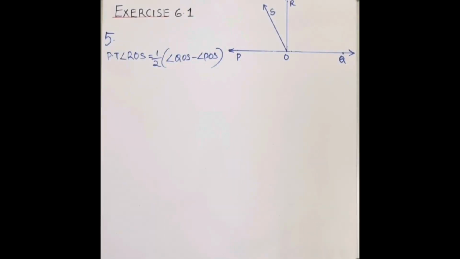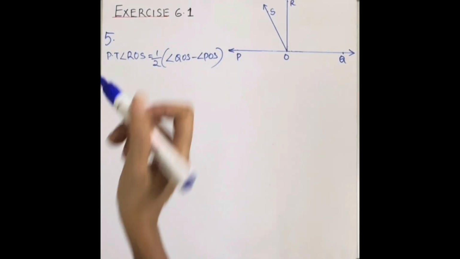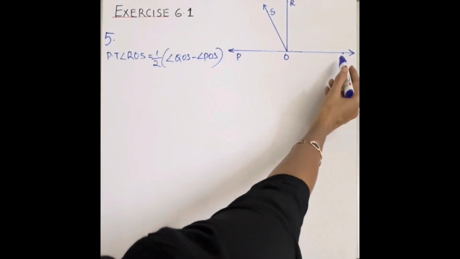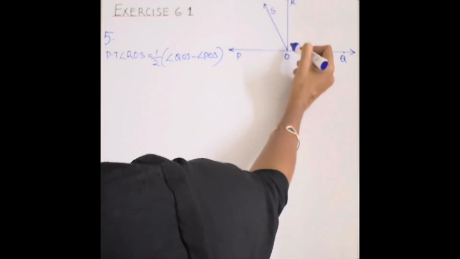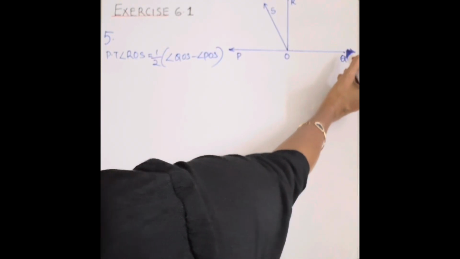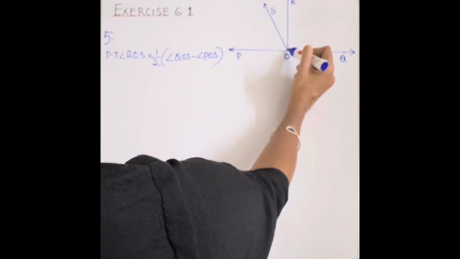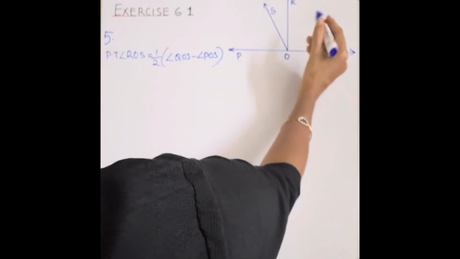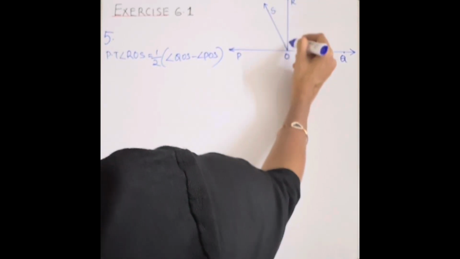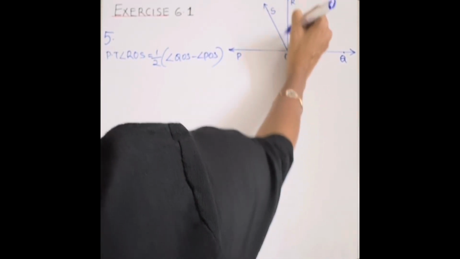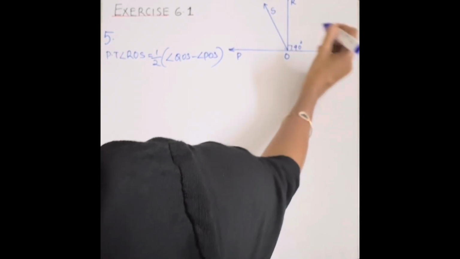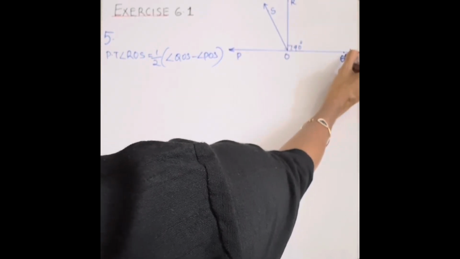Now let's find out what is being given to us. It's been given that POQ is a line and OR is perpendicular to line PQ. We can say ROQ is 90 degree, right? Because this is a right angle. So ROQ is 90 degree.